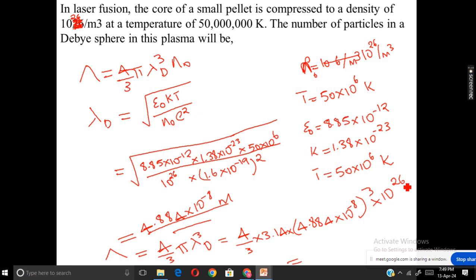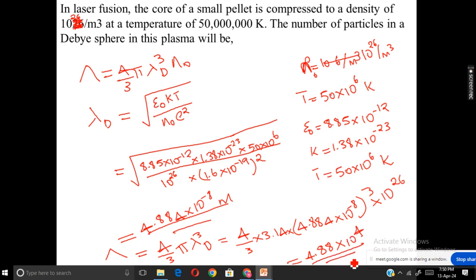How much will it be? It will be 4.88 into 10 raised to 4.